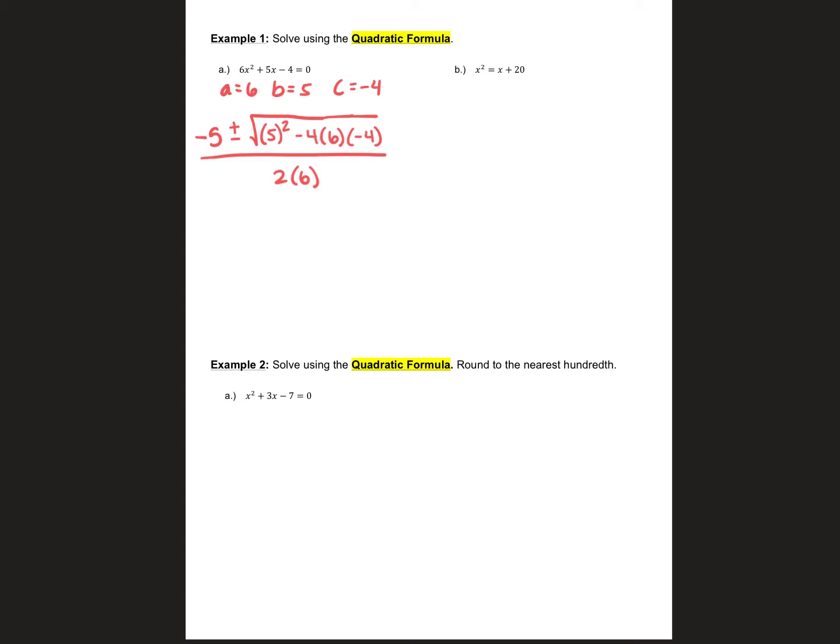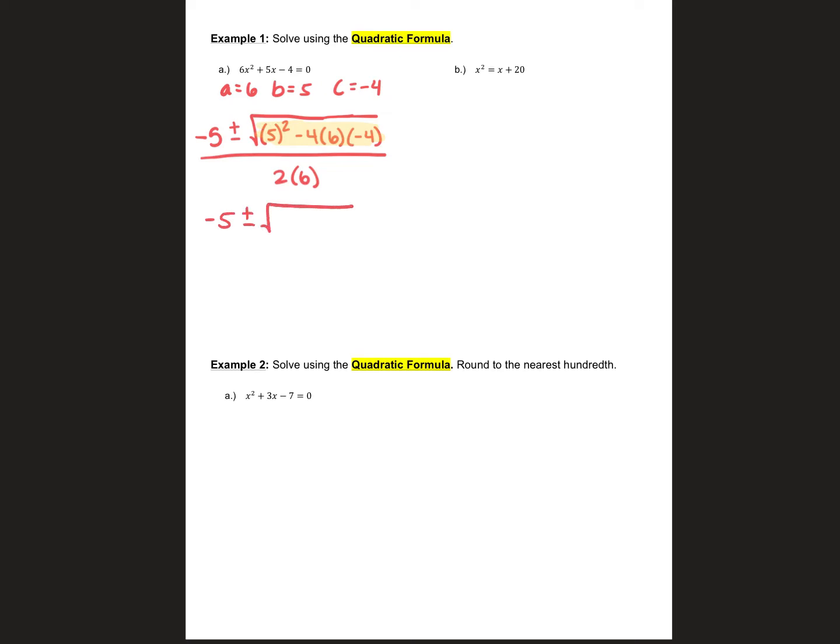In your calculator, you should use the stuff that's underneath the square root first. You may even be able to put it all in with the square root. So we'll try that in a second. And then from there, we keep calculating.